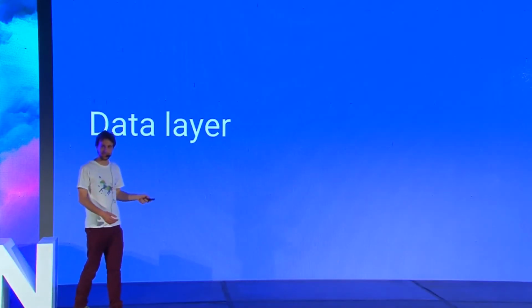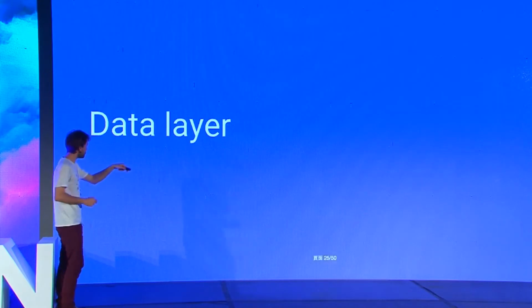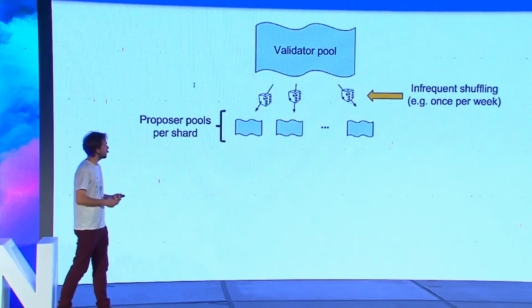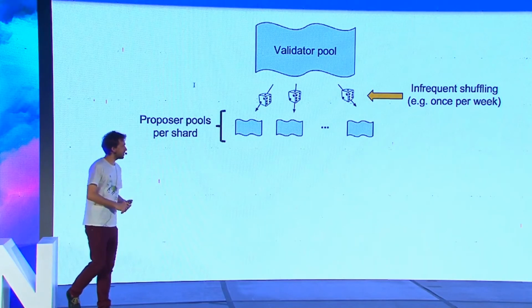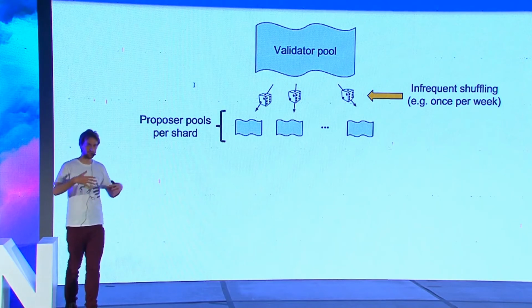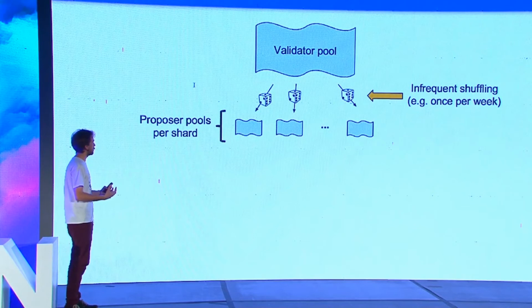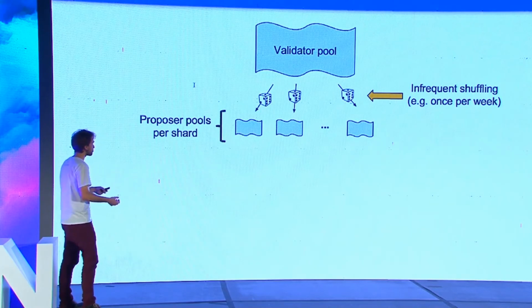Okay, the data layer. This is the most meaty part and the most interesting. The data layer basically evolves with several processes. And the first of these processes is proposals. So the idea is that as a validator, you can create new data to extend the blockchains.